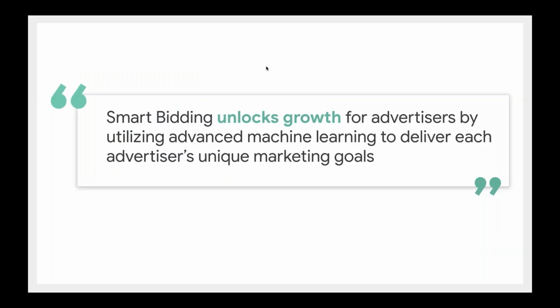As we talk about smart bidding and automation through smart bidding, it's good to highlight that smart bidding itself is not the end goal here. Smart bidding is the technology that allows us to reach our marketing objectives. The way we envision this and design our products with regards to smart bidding and automation is by looking at the key marketing objectives that advertisers want to achieve, and then we create different strategies for achieving those objectives.